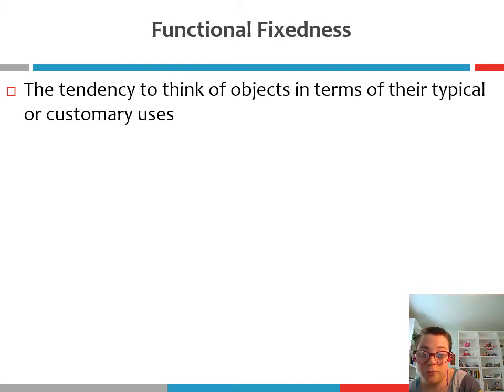Because those typical uses are going to become very prominent in your mind, right? You have a lot of experience using those objects in the typical ways. So trying to think outside the box, so to speak, and come up with a more creative and atypical use of them is going to be much more difficult. Much more difficult than it would be if you didn't have any prior experience with that object.